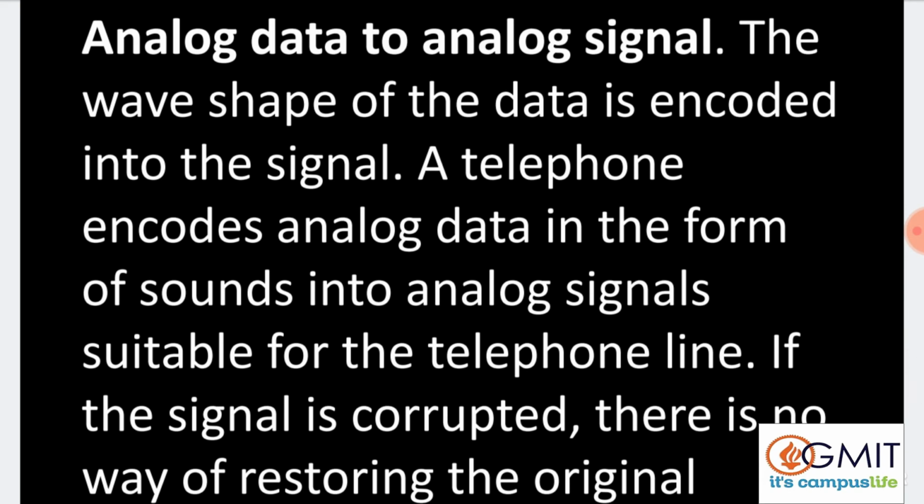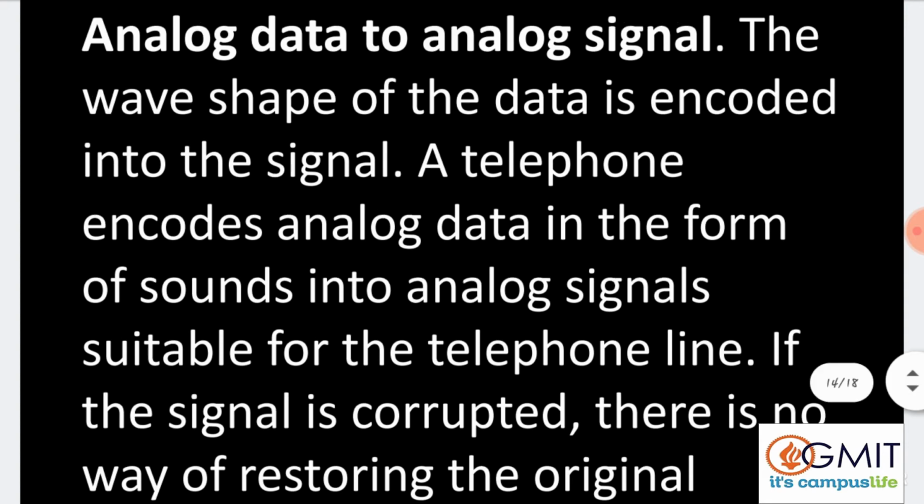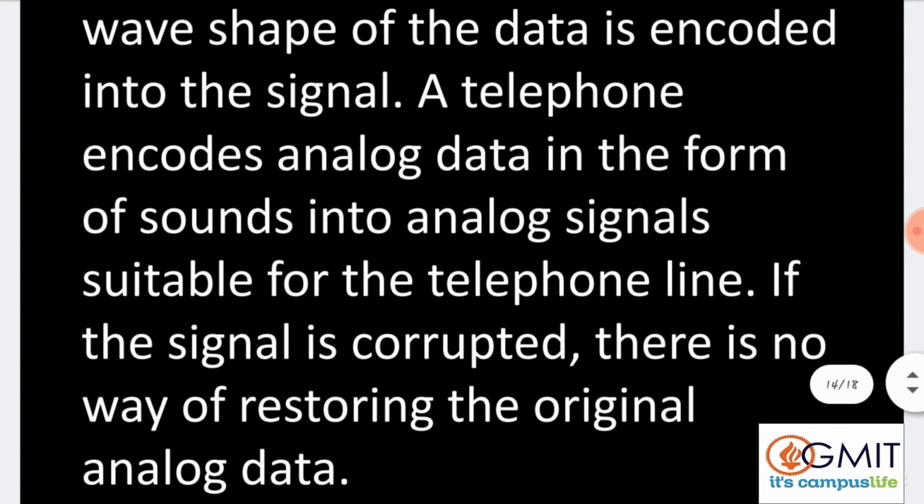Analog data to analog signal. The wave shape of the data is encoded into signal. A telephone encodes analog data in the form of sounds into analog signals suitable for the telephone line. If the signal is corrupted, there is no way of restoring the original analog data. Suppose you are calling over phone.